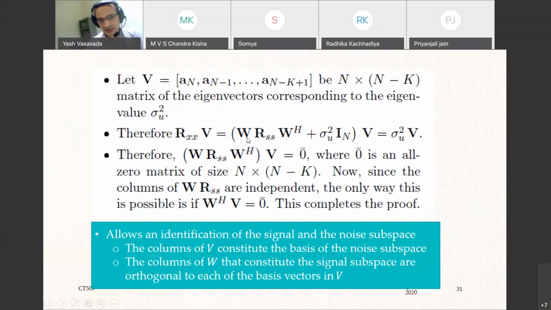RXS is equal to W RSS W Hermitian, plus this identity matrix scaled by the variance of the noise. So I want to take a look at what is going on there for the specific case of the signal from multiple sources that we have considered in the previous lecture.